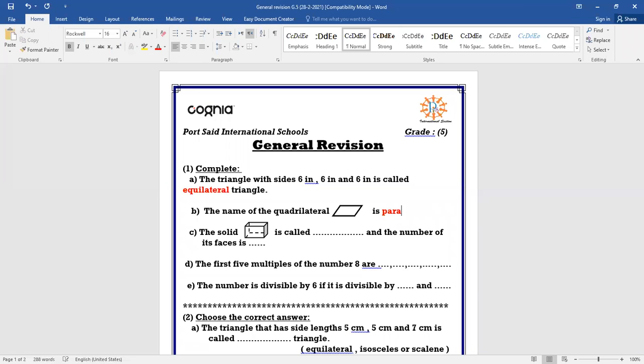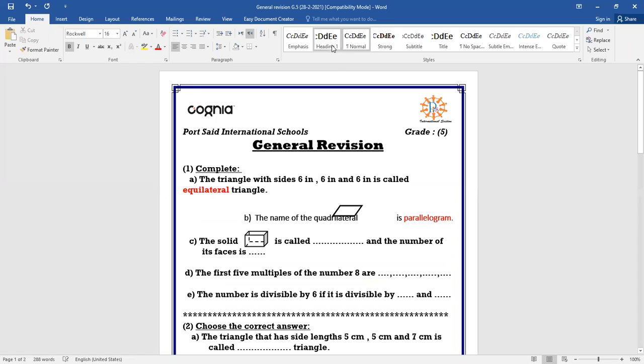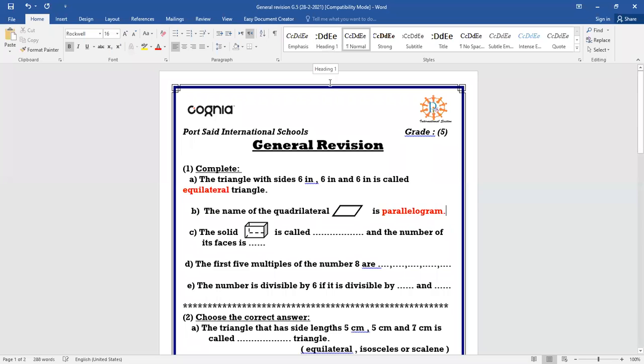In the parallelogram, each 2 opposite sides are equal in length and parallel, and each 2 opposite angles are equal in measure. And in the rectangle, each 2 opposite sides are equal in length and parallel, and it has 4 right angles. In the rhombus, all its sides are equal in length, and each 2 opposite angles are equal in measure. And in the square, all its sides are equal in length, and it has 4 right angles.